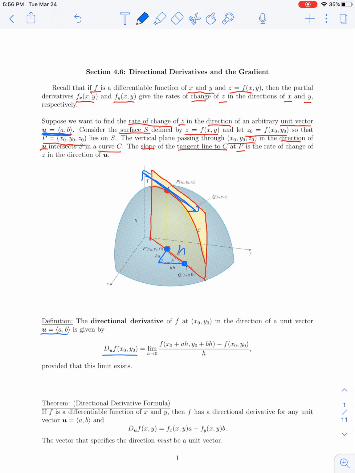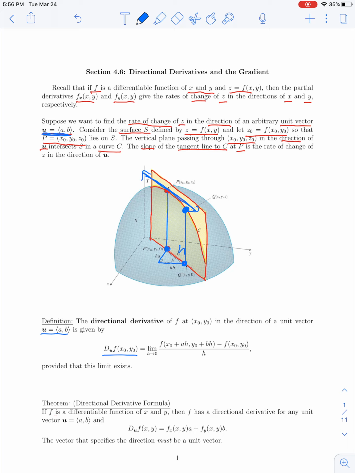So if we look at the point on our curve which corresponds to this terminal point of my vector u, we get another point on our curve C.